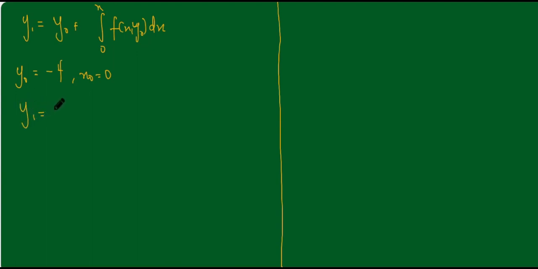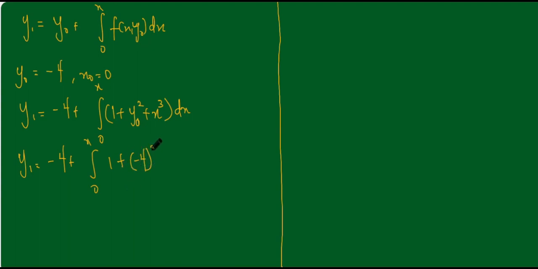So we have y1 will be equal to minus 4 plus the integral between 0 and x of 1 plus y squared plus x raised to power 3 with respect to x. So our y1 now becomes minus 4 plus the integral between 0 and x of 1 plus, sorry, not y1, it's y naught here. 1 plus minus 4 squared plus x raised to power 3 with respect to x.